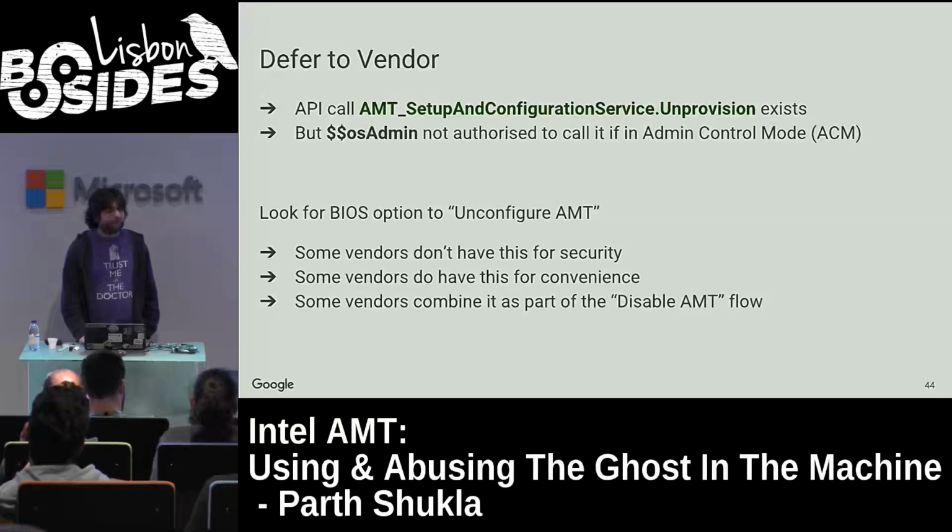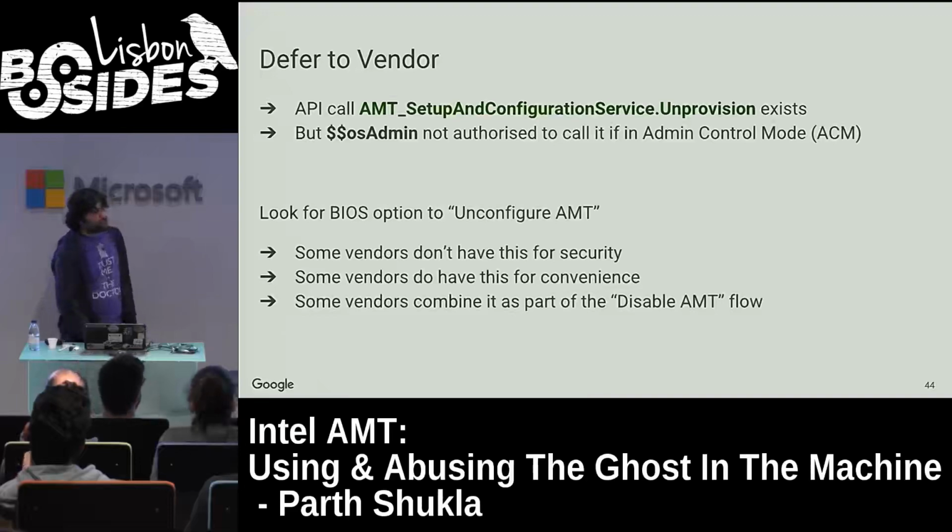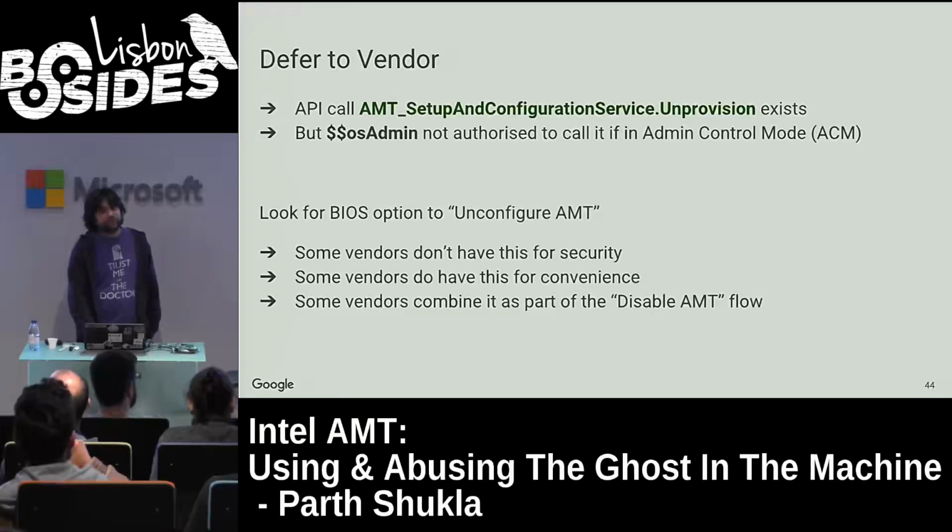With the OS admin account, it does not have enough rights to unprovision. So it really depends on the vendor, whether they have a BIOS menu option to unconfigure AMT or not. If they don't, then I guess you have to reach out to them and ask for something. I was hoping you could do something here, but unfortunately there isn't.